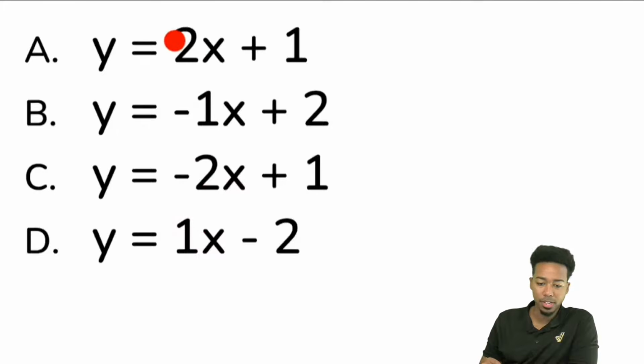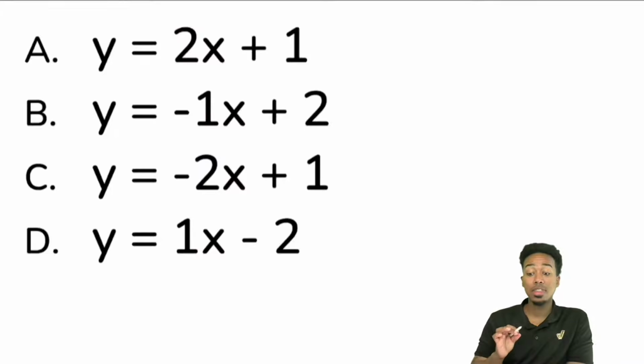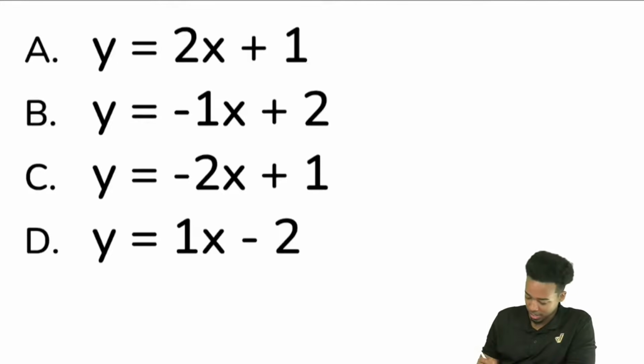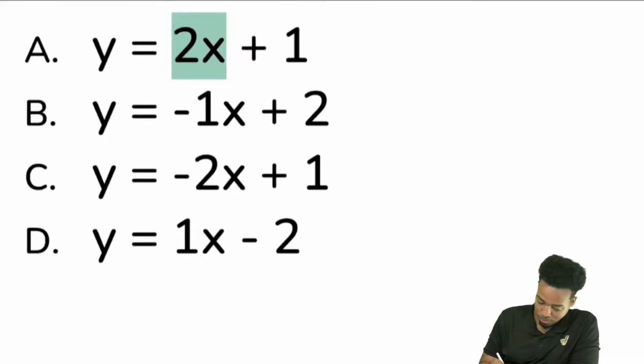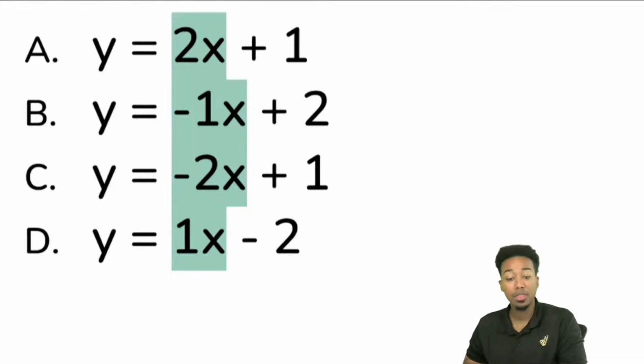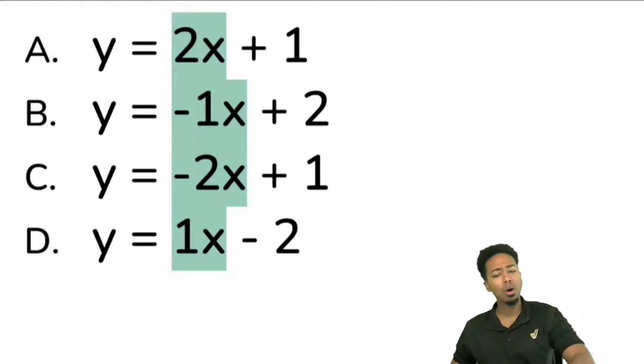They're not all negative. We have a positive 2 there. Exactly. Not that they're positive or negative, it's that they're all different. That's a 2. That's -1. That's -2. That's a +1. They're all different.